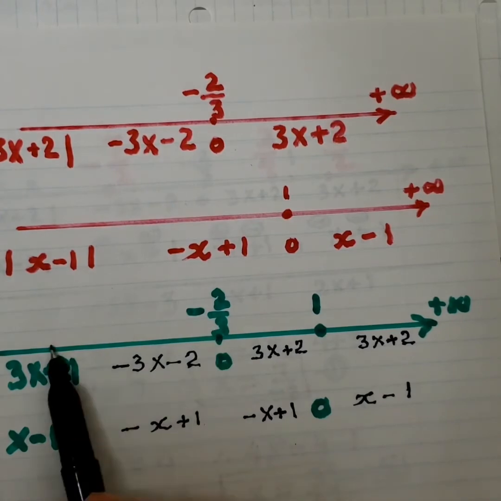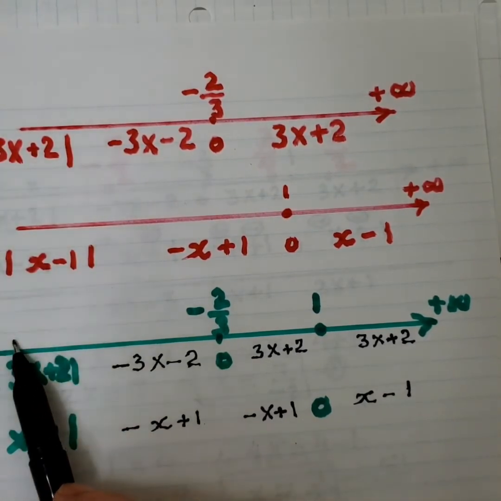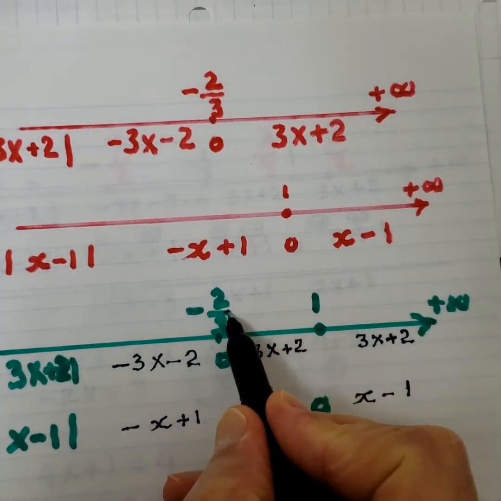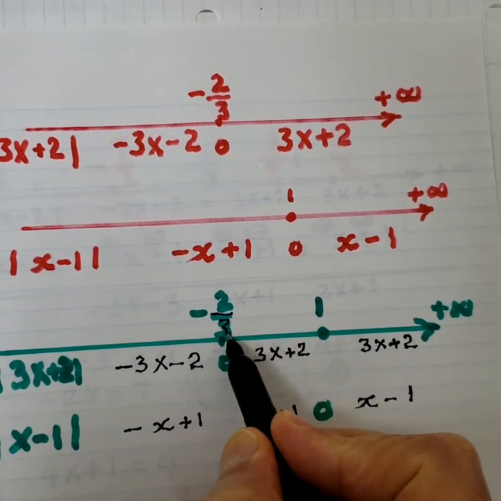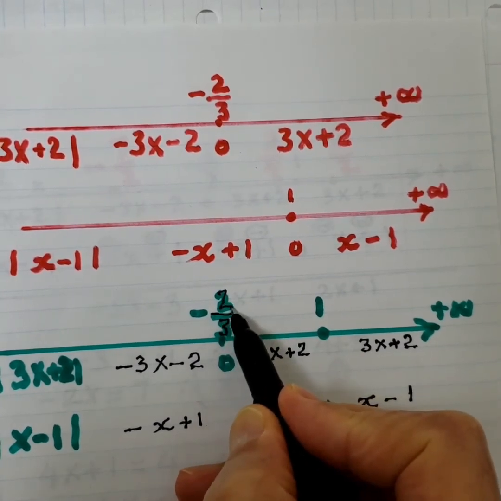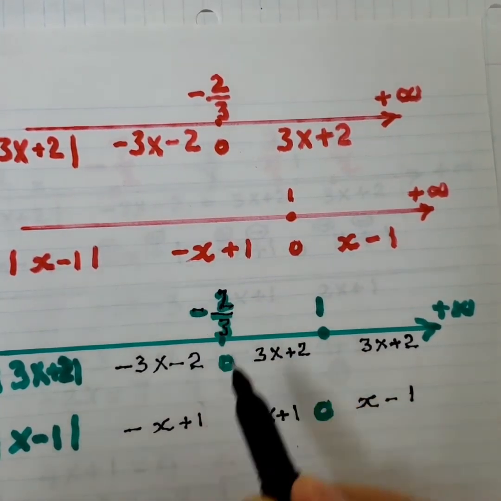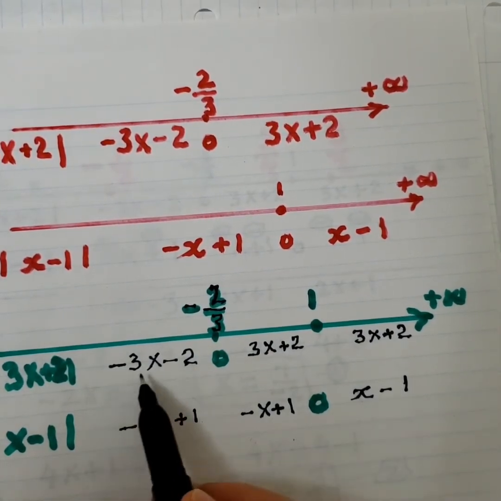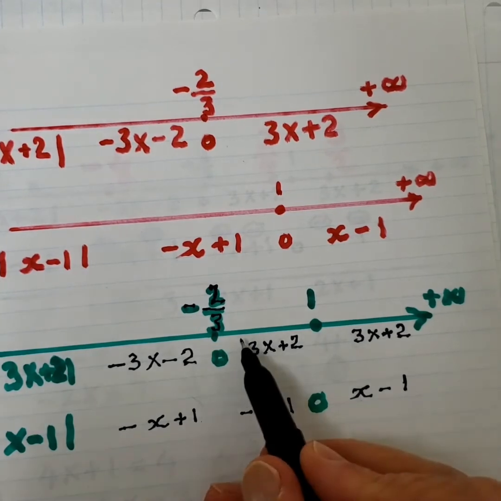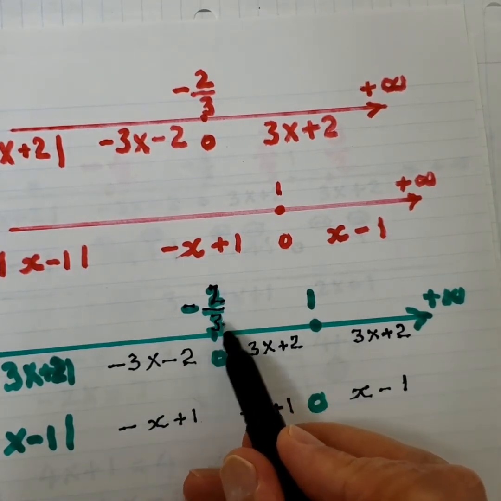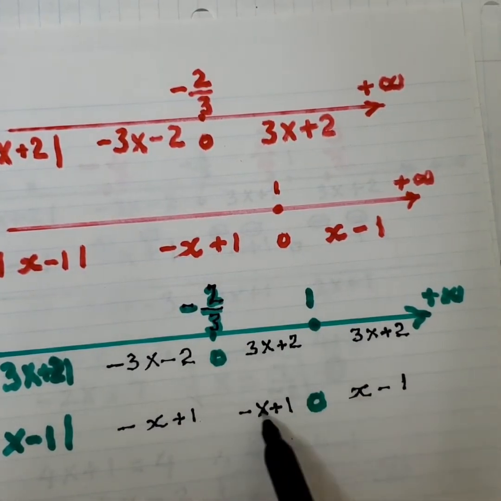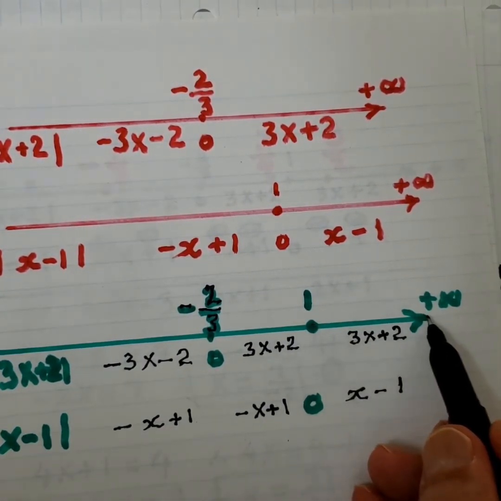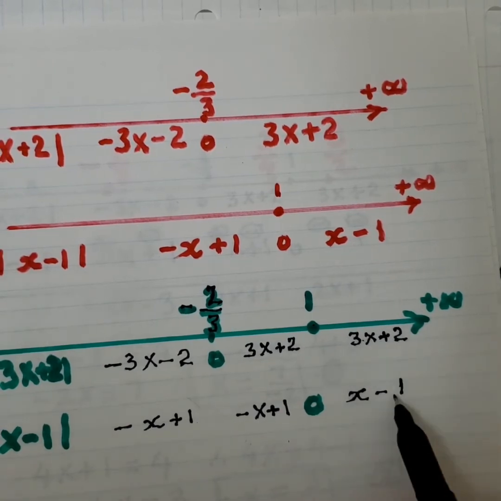The first part, which is the interval from negative infinity till minus 2 over 3, we have these two rules. For the interval from minus 2 over 3 till 1, we have these two rules. For the interval from 1 to plus infinity, we have these two rules.